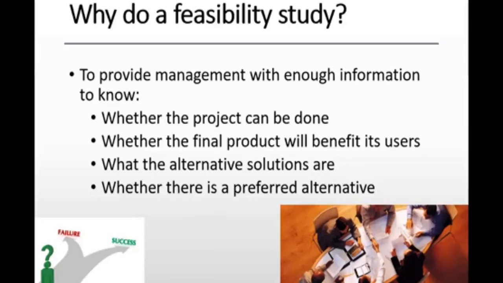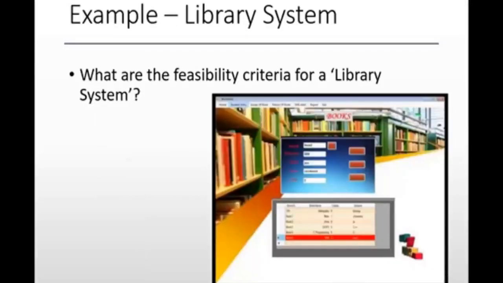Those we have to consider in the feasibility study. Once we have done the feasibility study, we have to take the decision whether we accept this project or not. Once we accept it, we have to proceed, and then we can't reverse it.